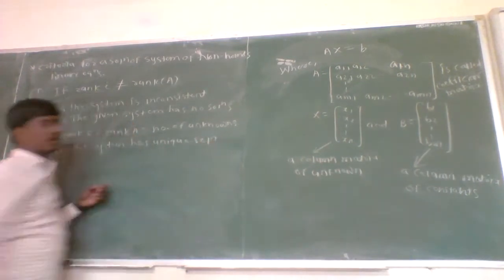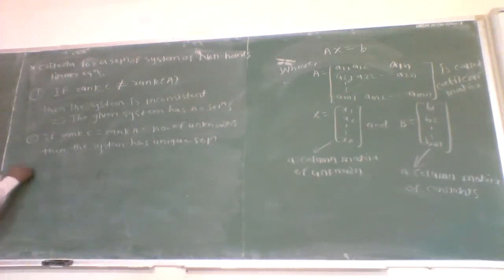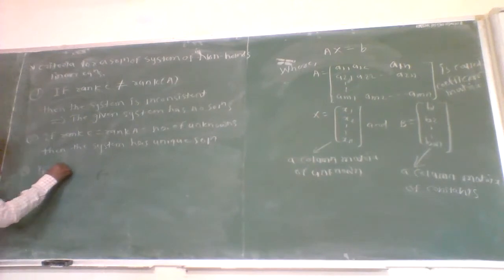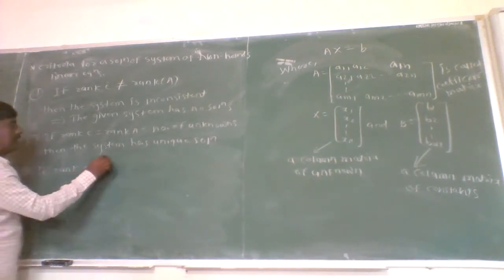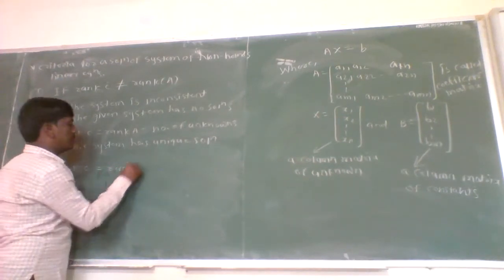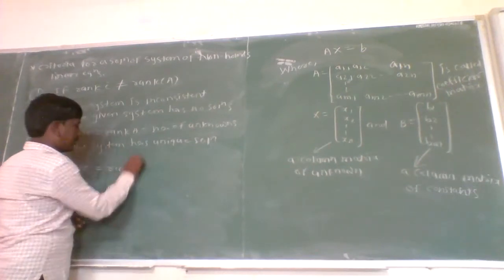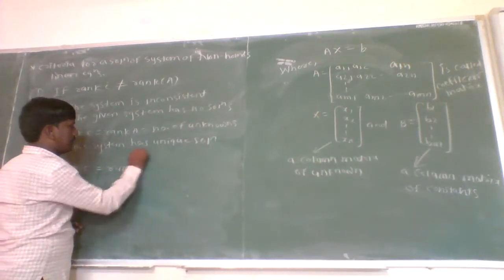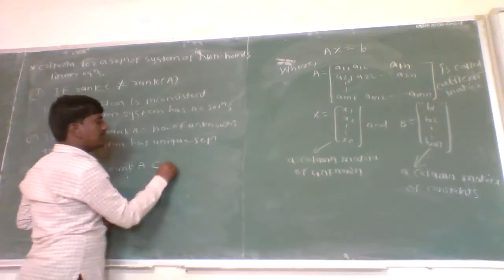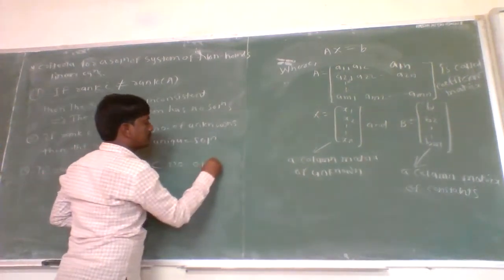Okay. Now the third possibility is if rank of matrix C, that is the augmented matrix, is equal to rank of our given matrix A, but which is less than the number of unknowns.